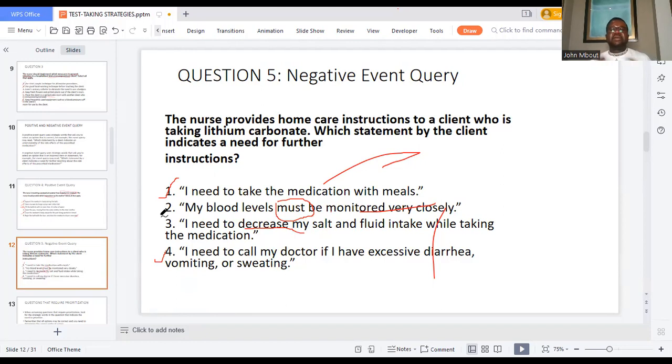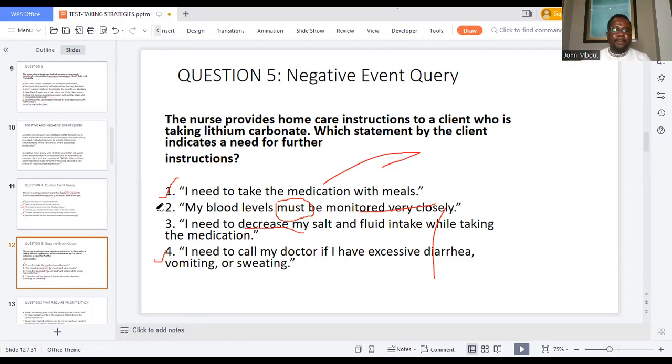Now, this medication is toxic to an extent that when a client is on it, we have to monitor the blood levels.